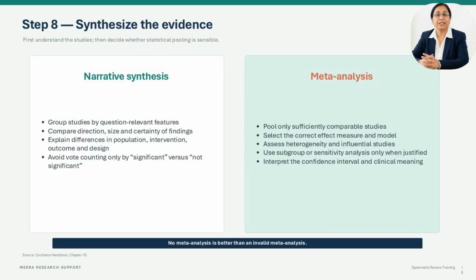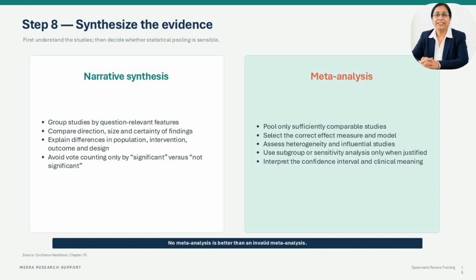Synthesis begins by understanding whether the studies are sufficiently similar. Narrative synthesis organizes the evidence into meaningful groups and compares the direction, magnitude, consistency, and limitations of findings. It should not simply count how many studies were statistically significant. Meta-analysis can be used when the studies measure compatible questions and outcomes.